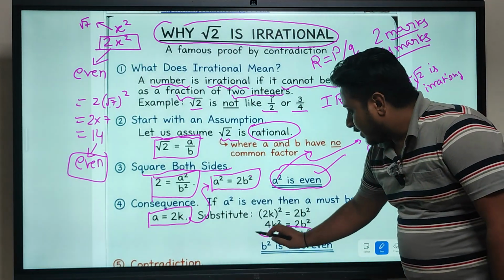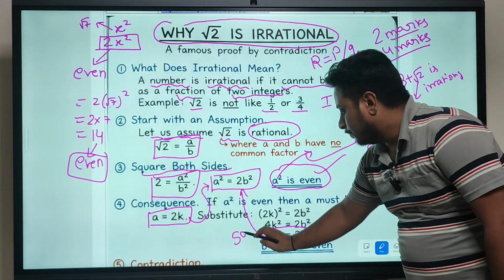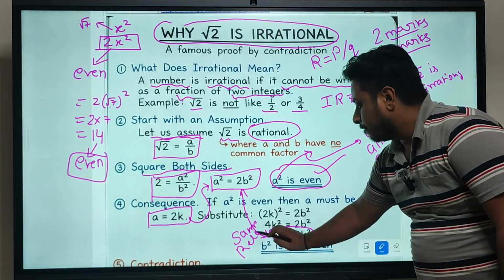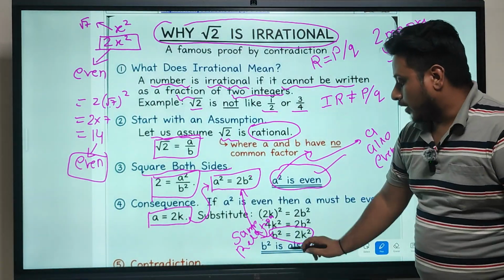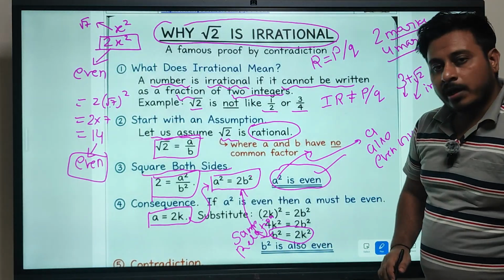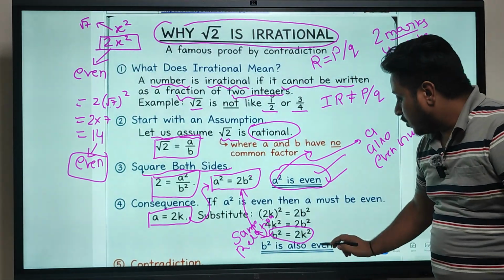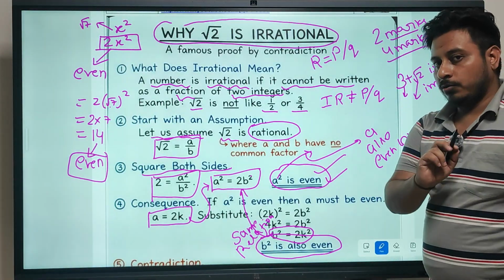This is exactly the same equation, the same relation, as we got here, where we also got a square equals 2b square. As we proved that a square is even, it means b square is also even. Got my point?